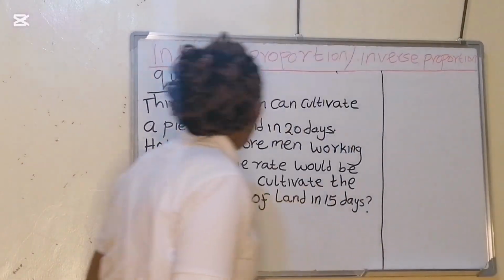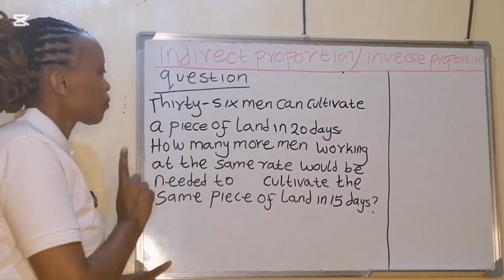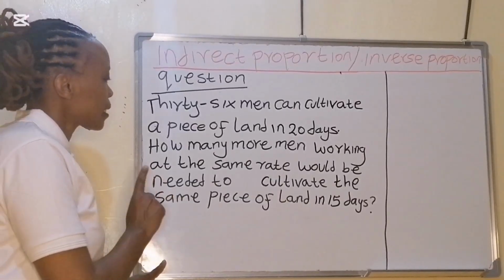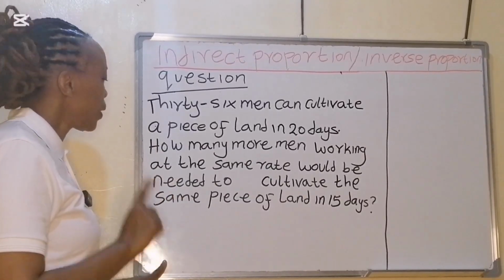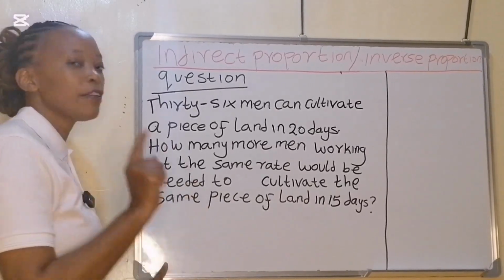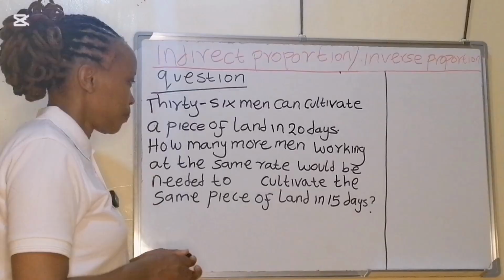Let me read it again. 36 men can cultivate a piece of land in 20 days. How many more men working at the same rate would be needed to cultivate the same piece of land in 15 days? Okay, I hope you are with me up to that point.